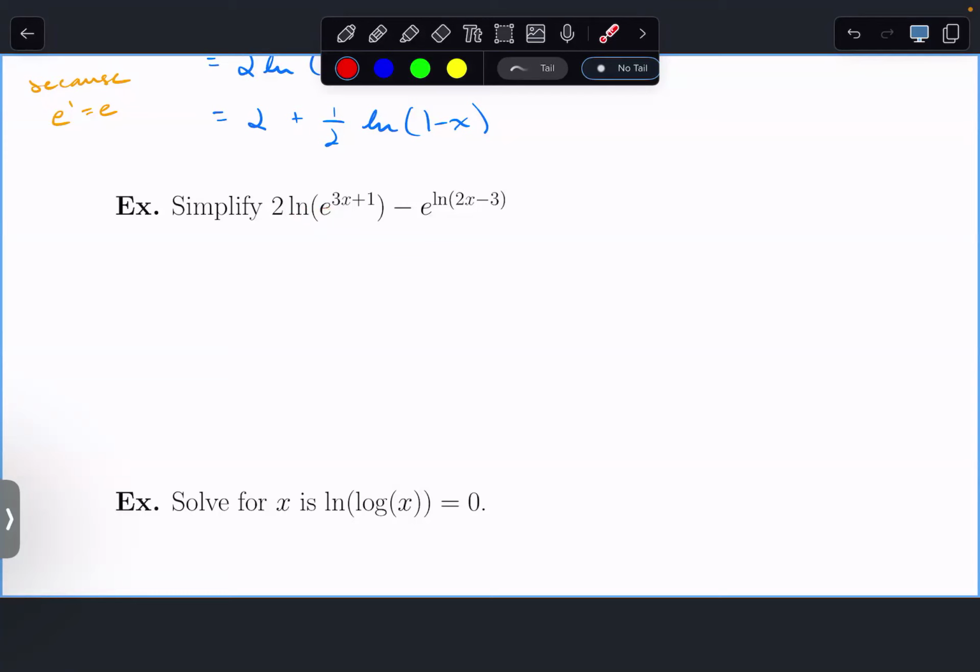And same thing with e to the natural log, that's also going to drop down. So I'll rewrite it: 2 times the log of e to the 3x plus 1 minus e to the natural log of 2x minus 3.